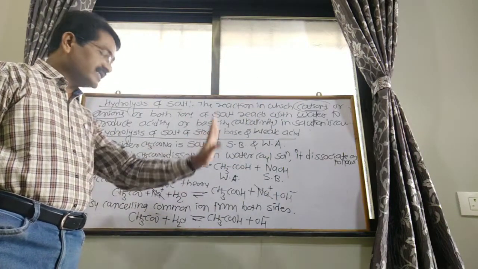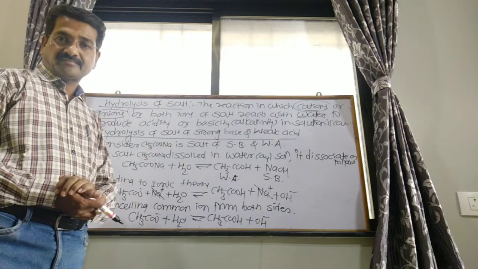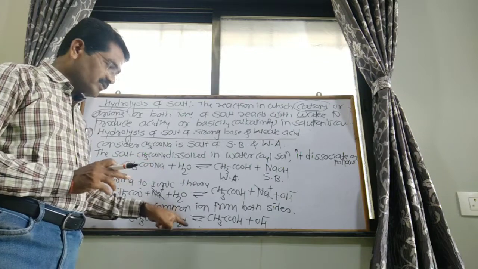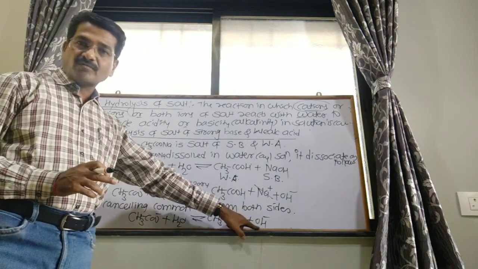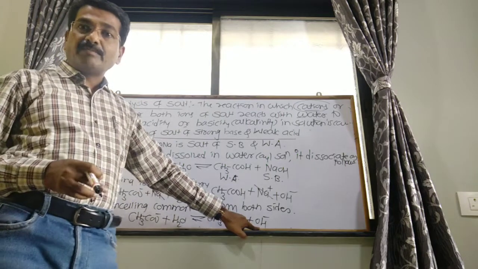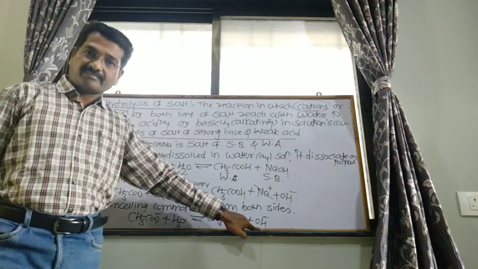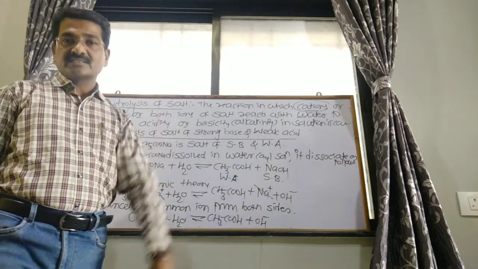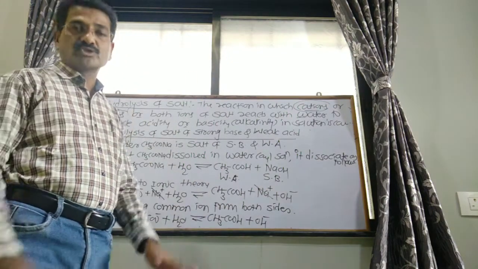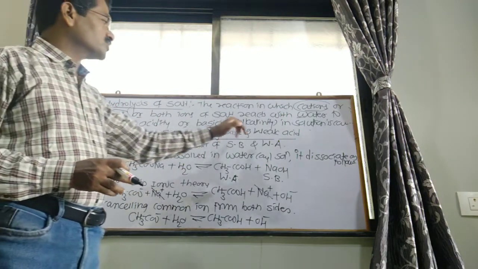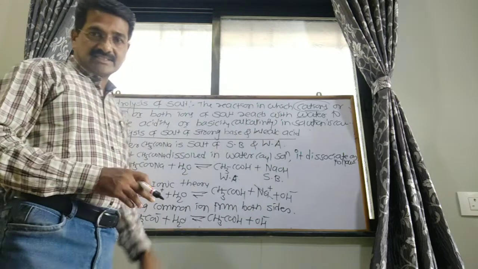Therefore, this solution is basic in nature. Why is it basic? Because anions of the salt react with water to produce excess OH minus ions. So this solution is basic, having a pH more than 7, meaning the solution shows basicity. This is the hydrolysis of salt of strong base and weak acid.